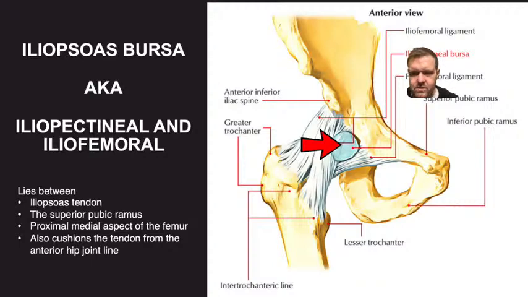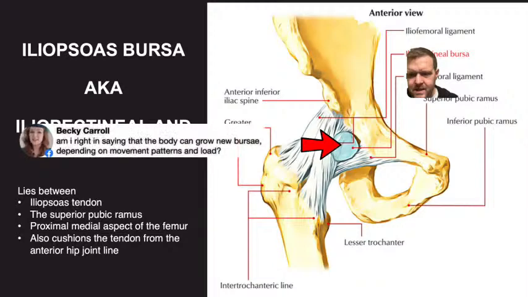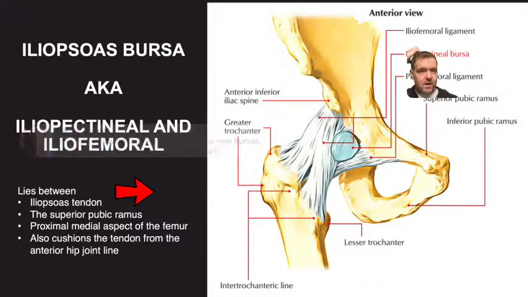And then Becky, can I add that? Yep, there we go. Am I right in saying that the body can grow new bursa depending on movement patterns and load? Yes. I've seen various different bursa in areas where you don't normally see them. They're not in the books. For example, I've seen some between the semimembranosus and semitendinosus tendon in the hamstring.